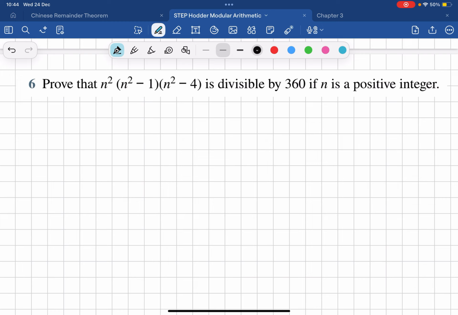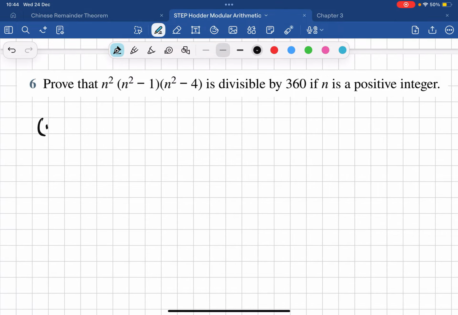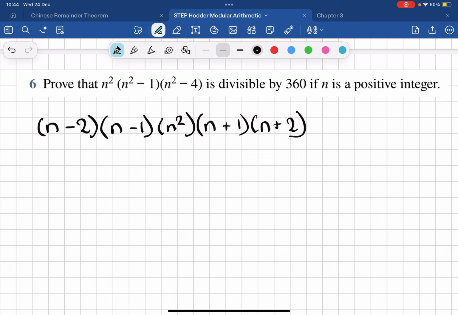Well, let's just start by playing with the expression. If you factorize, we'll notice how we've got two brackets of difference of two squares. So if we expand, so factorized, we'll find that we've got 5 consecutive integers: n minus 2, n minus 1, n, n plus 1, n plus 2.